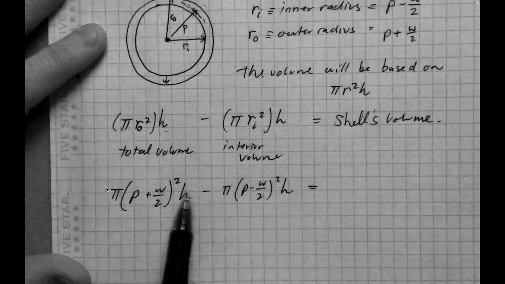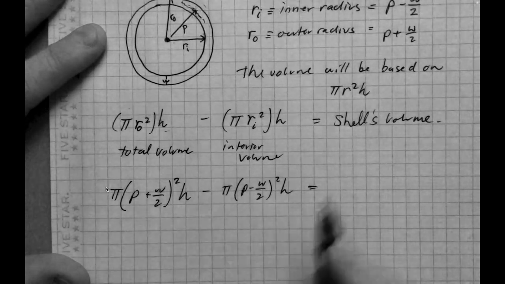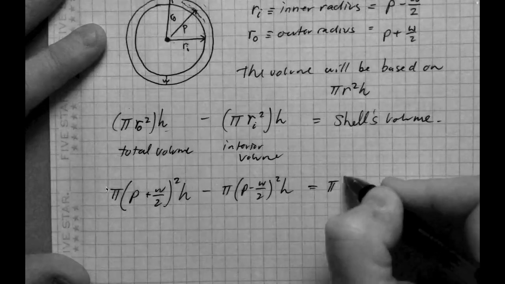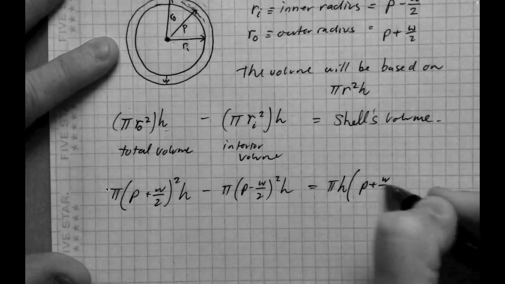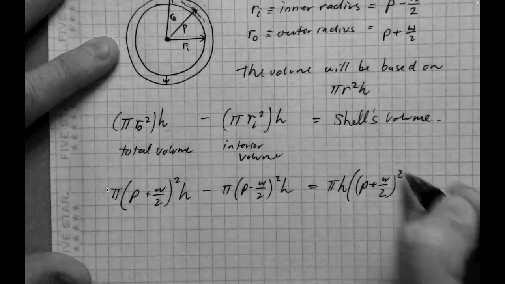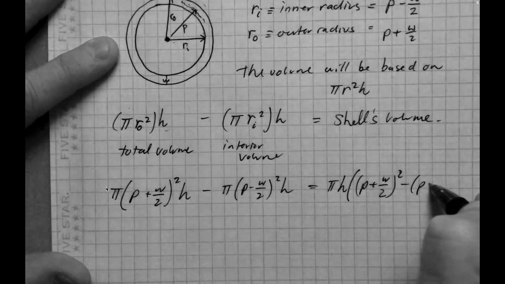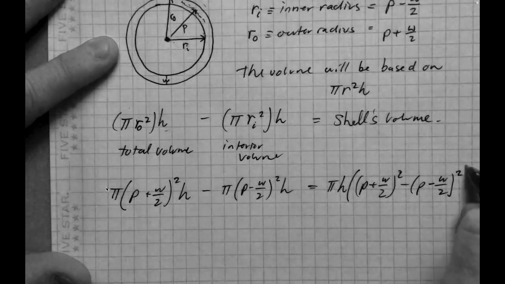Okay, let's go ahead and pull the pi and the h out of here. So you get pi times h, and then inside you've got P plus W over 2 squared minus P minus W over 2 squared.